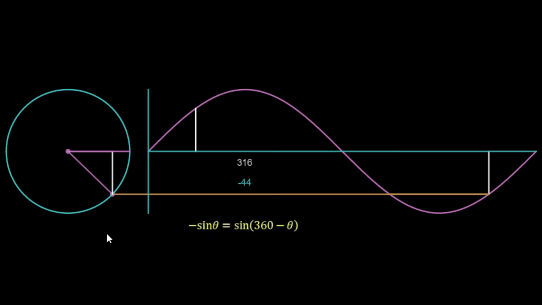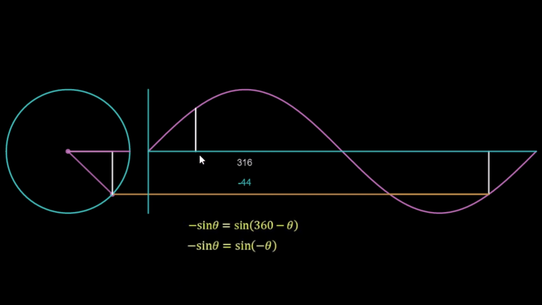Now there's one more identity that we're going to look at in this video, which follows directly from this identity here. You can see that the angle here is angle minus theta, but this angle here is the angle of positive theta. So we could say that the sine of minus theta is the same as minus the sine of theta, and we can write this identity here.